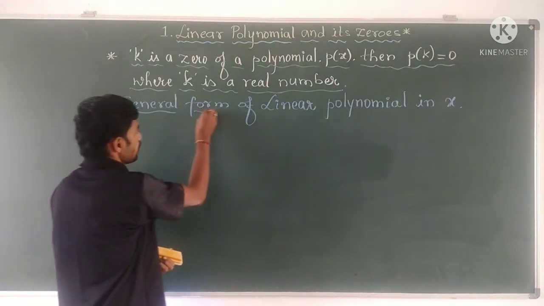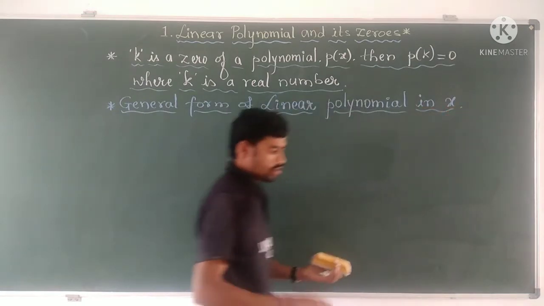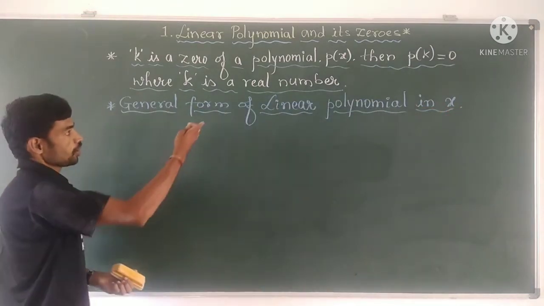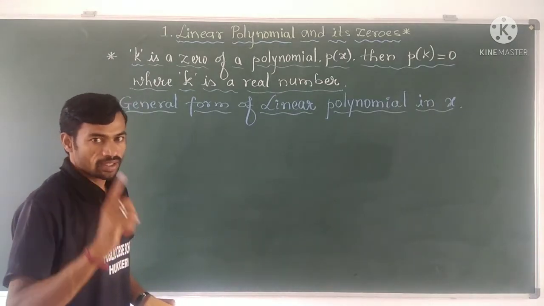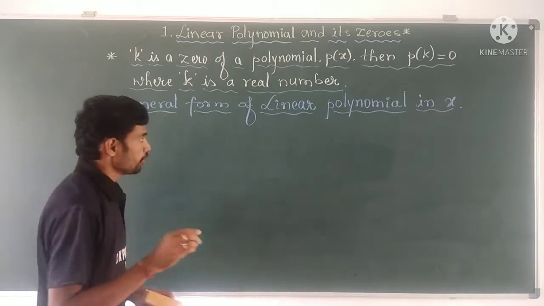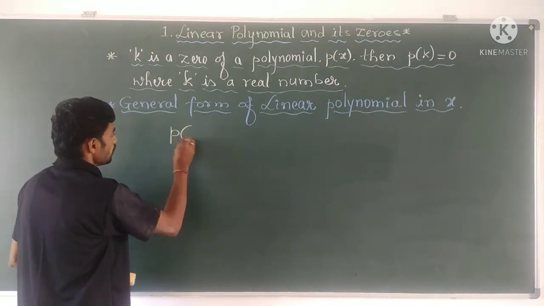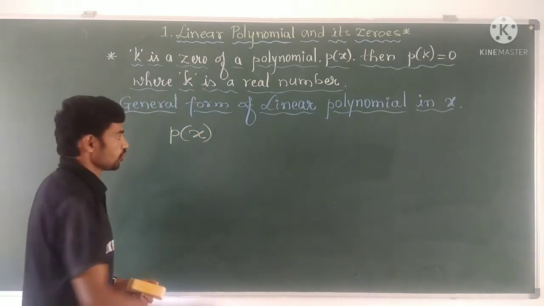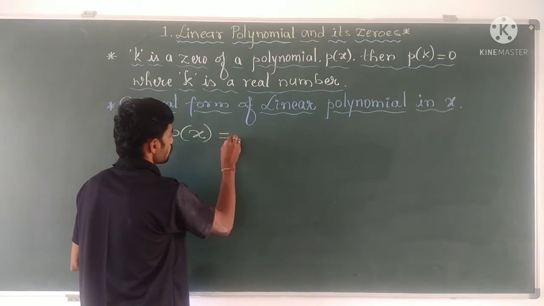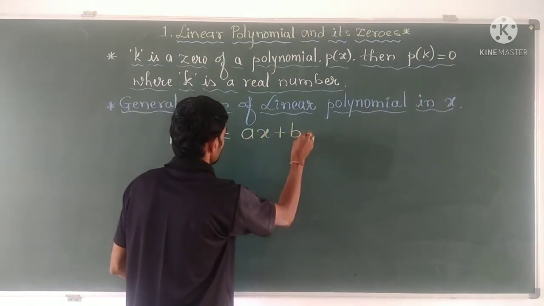Already we have seen the general form of the linear polynomial. A linear polynomial has degree 1. So what is that general form? We can take P of x equals ax plus b.